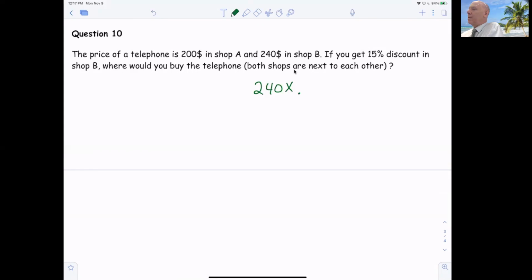Stop. You get what type of discount? 15% discount. So what percentage do you have to pay? Do 240 times 0.85 and tell me what that is.